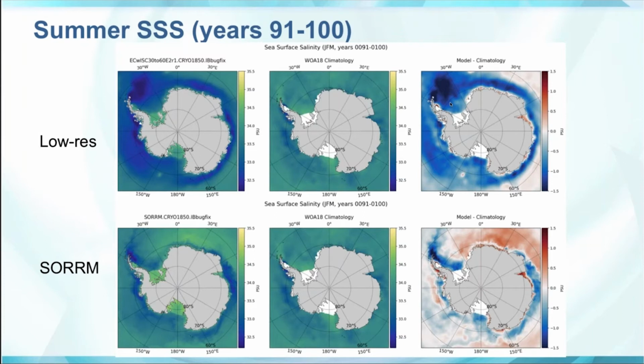And this fresh bias is significantly reduced in the SORM configuration compared to the low resolution. However, this may be a case of compensating errors, which will be clear in the next couple of slides. So this is the summer sea surface salinity biases.